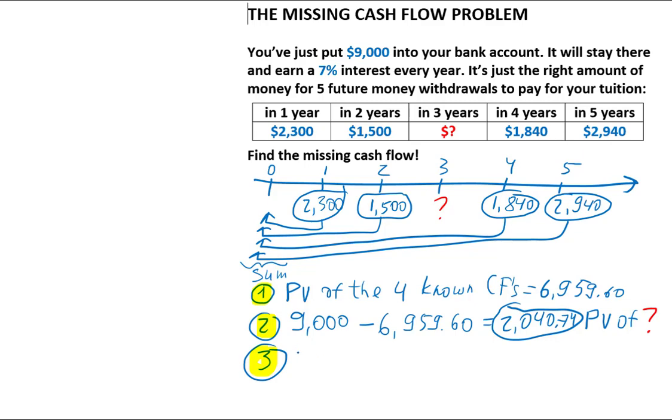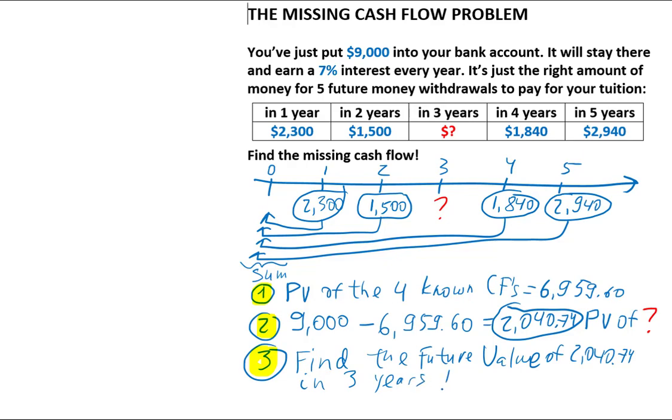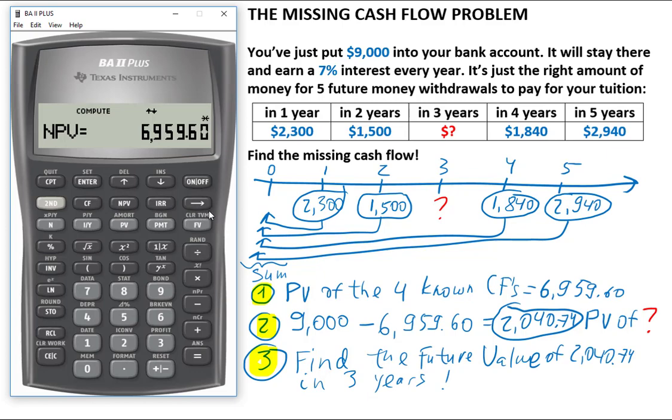What do we do? We find the future value of $2,040.74 in 3 years, and that will be the answer. Let's again bring up the financial calculator.